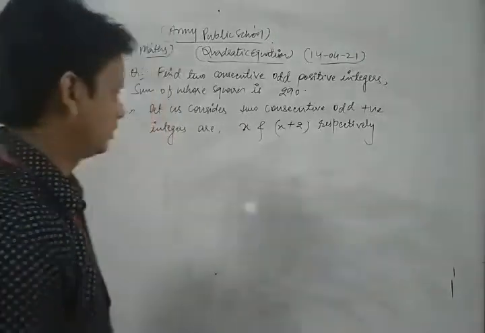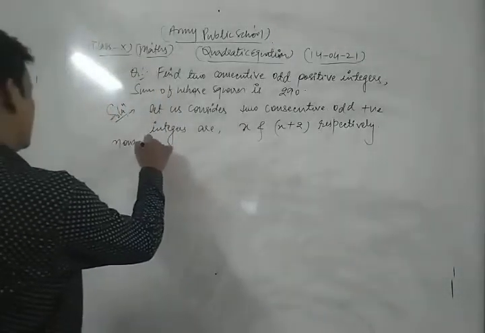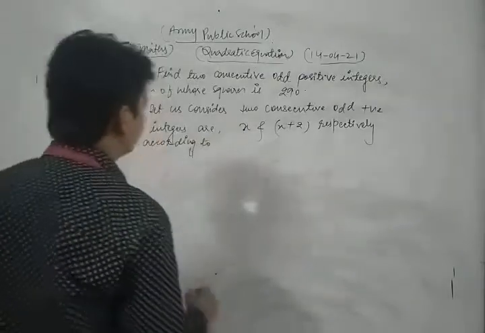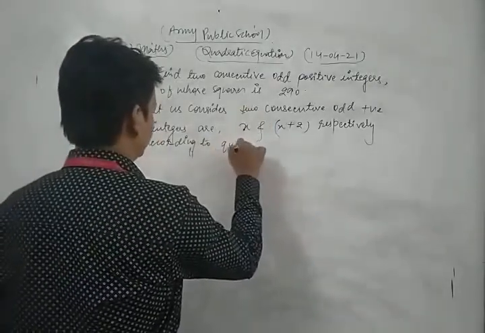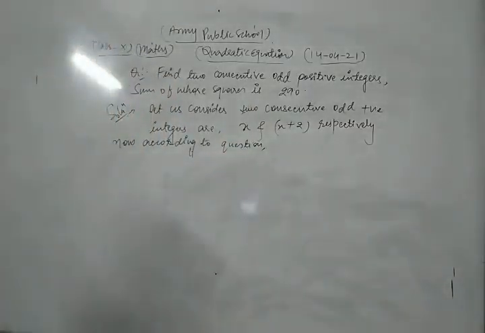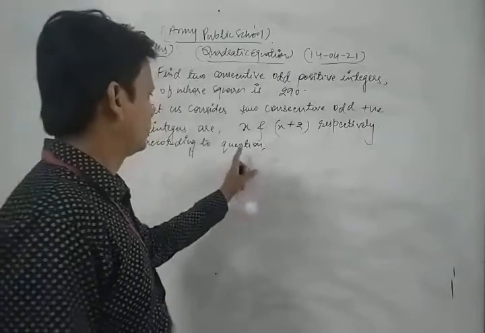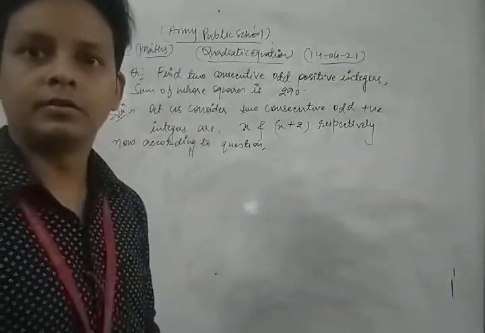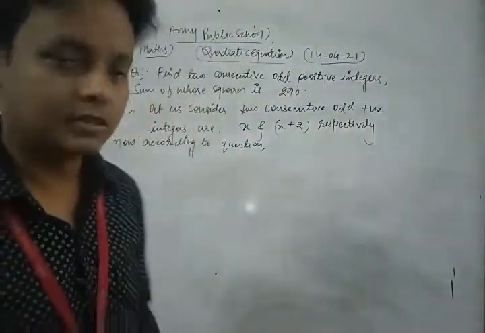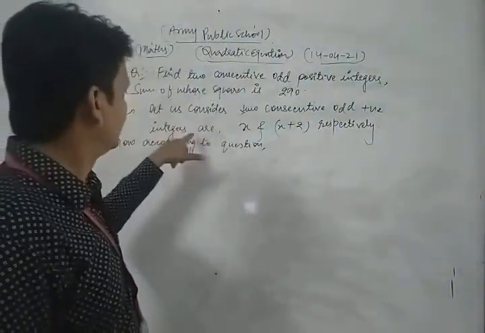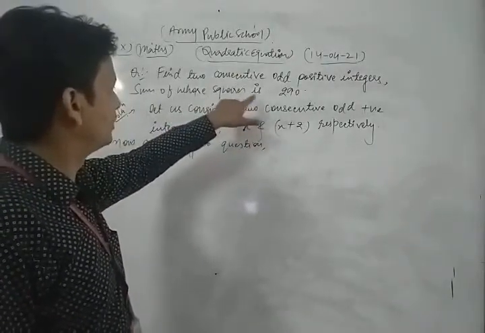Now according to the question, the sum of whose squares is 290.